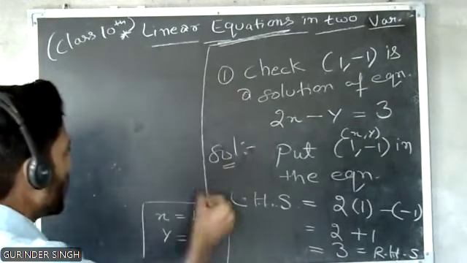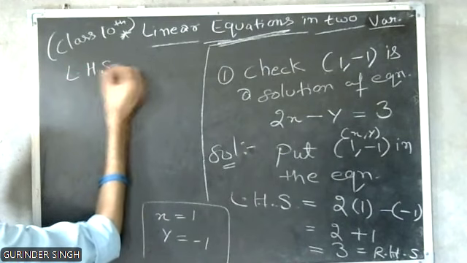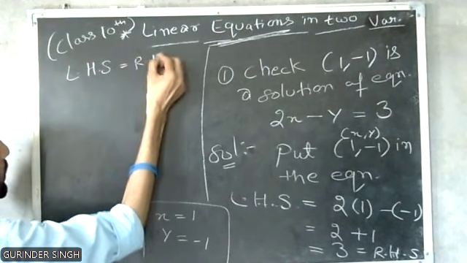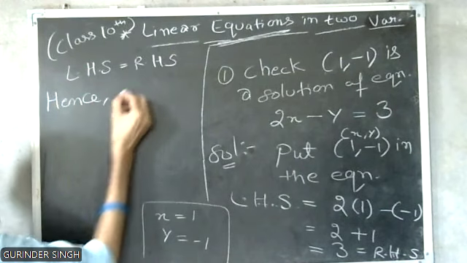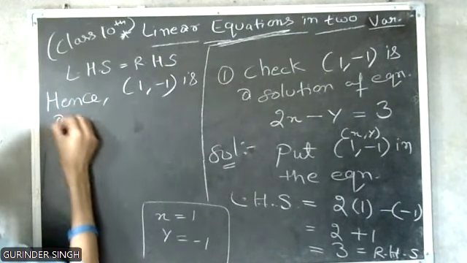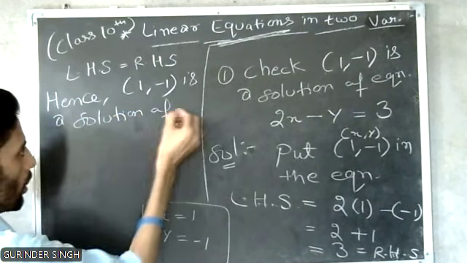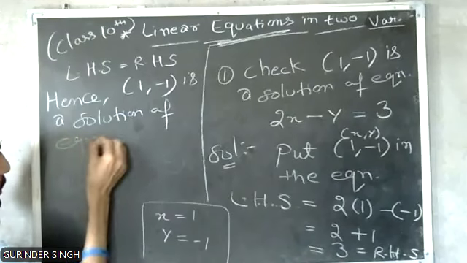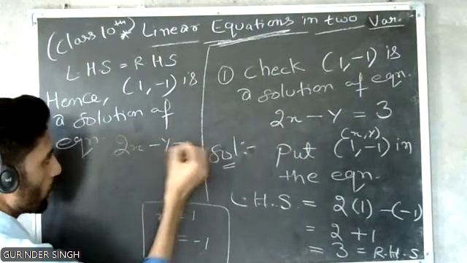So what I can write here: left hand side is equal to right hand side, hence 1 comma minus 1 is a solution of the equation 2x minus y is equal to 3.